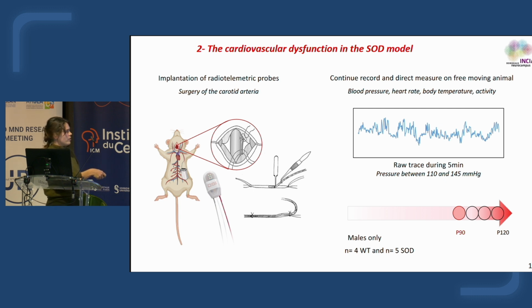This probe is a pressure sensor, and it transduces the telemetric signal and records the blood pressure, the heart rate, the body temperature, and the activity on a free-moving animal. We did some recordings at 4 different ages, up to the end of the disease, to compare cardiovascular parameters.